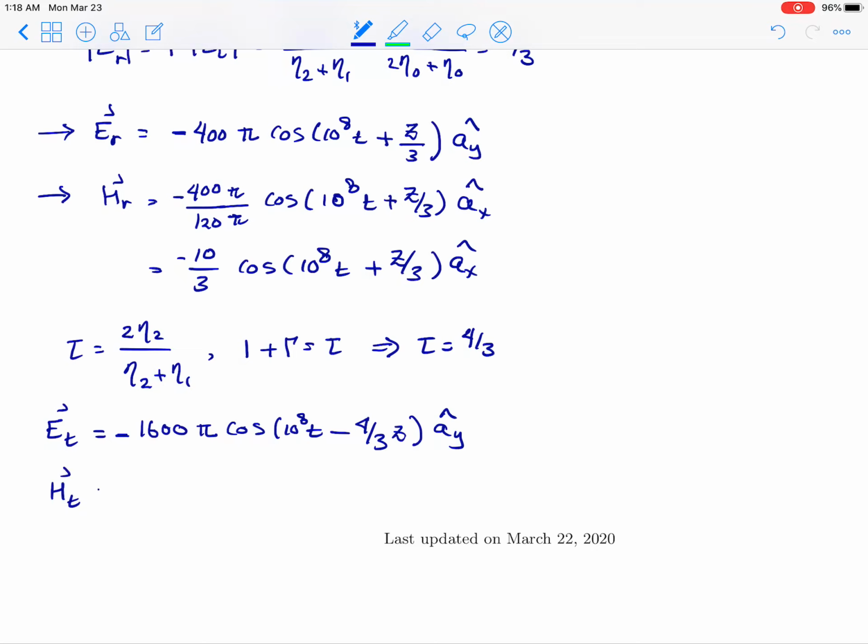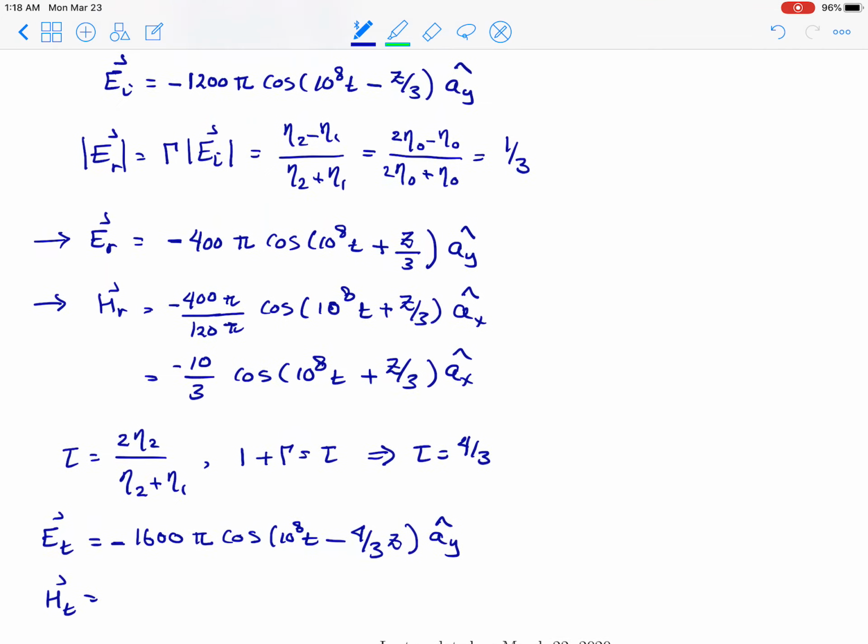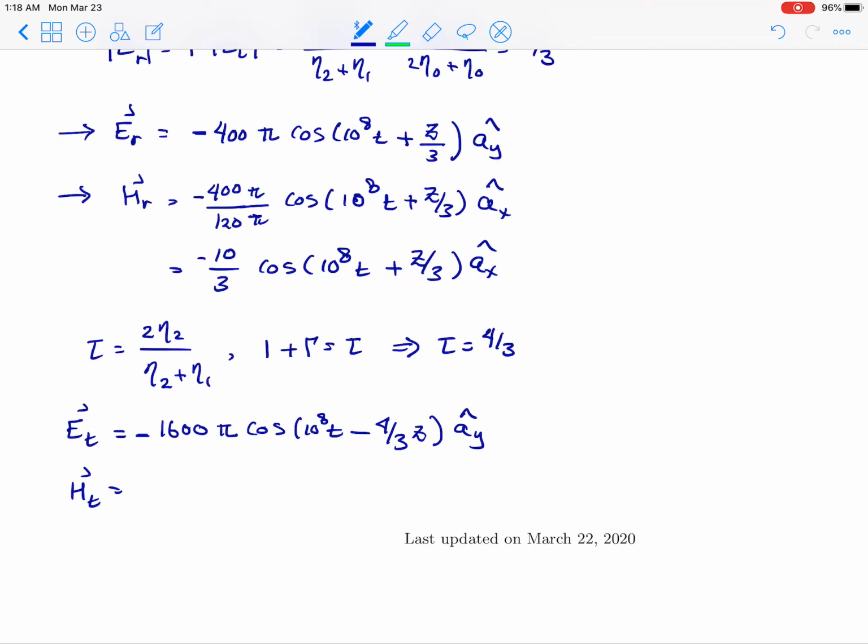This one is along the negative AY. The transmitted magnetic field will be the transmitted electric field divided by the intrinsic impedance, which was 240 pi.